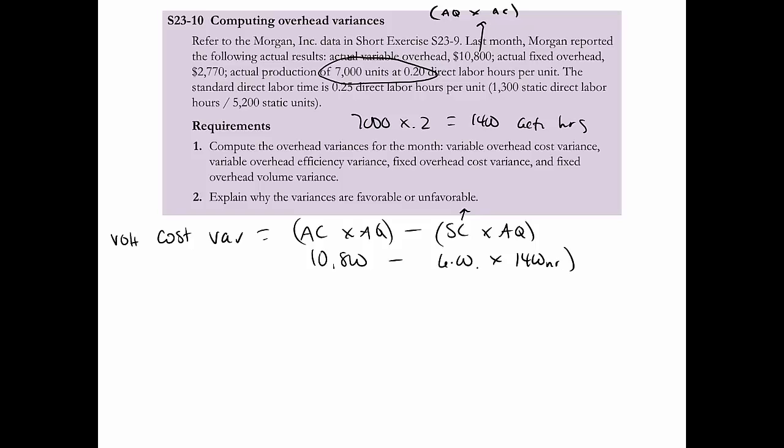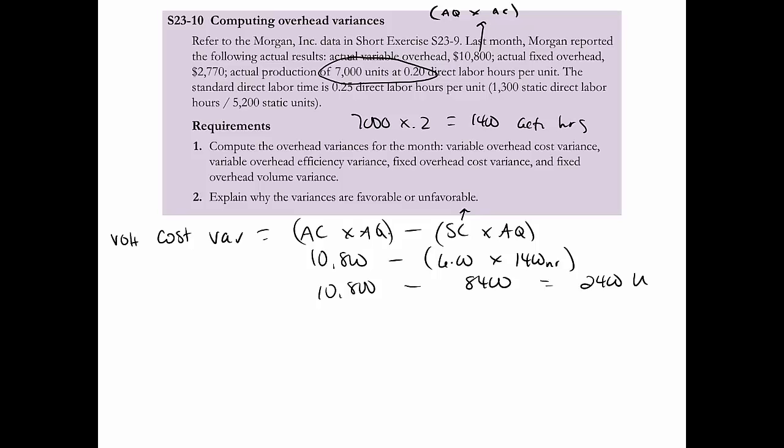So that means the standard for this is 8,400. My actual cost was $10,800. What I thought it should have been for producing 7,000 units was 8,400. So the difference is 2,400, and that is unfavorable because my actual cost was more than I thought it should be for this level of production.